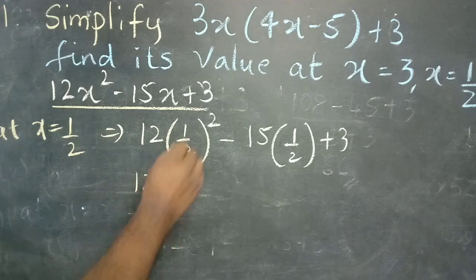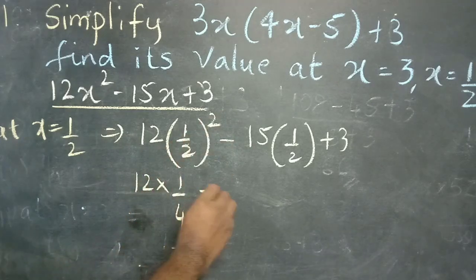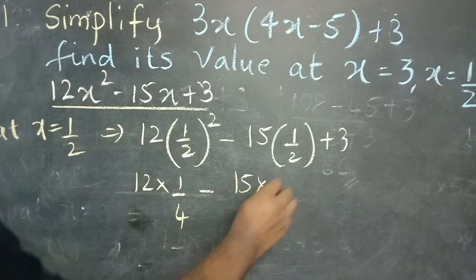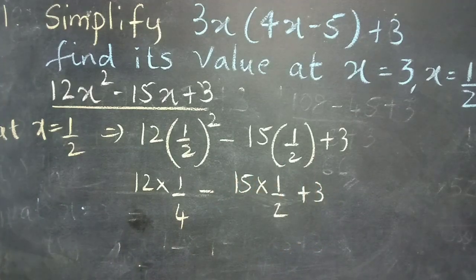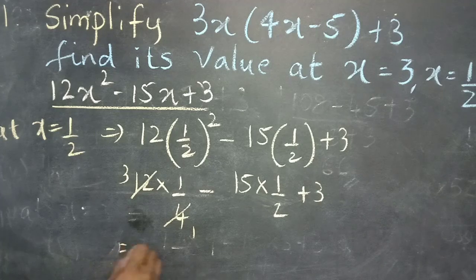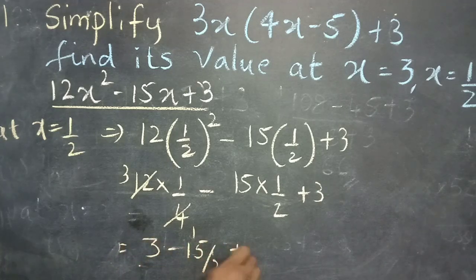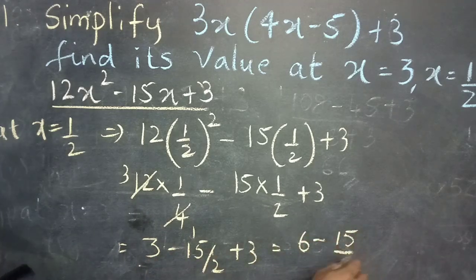Now 12 into 1 square is 1, 2 square is 4, that is 2 2s are 4, minus 15 into 1 by 2 plus 3. Now what we get? 4 1s are 4, 3s are 3. What we get is 3 minus 15 by 2 plus 3. Now what we get? 3 plus 3 is 6 minus 15 by 2.